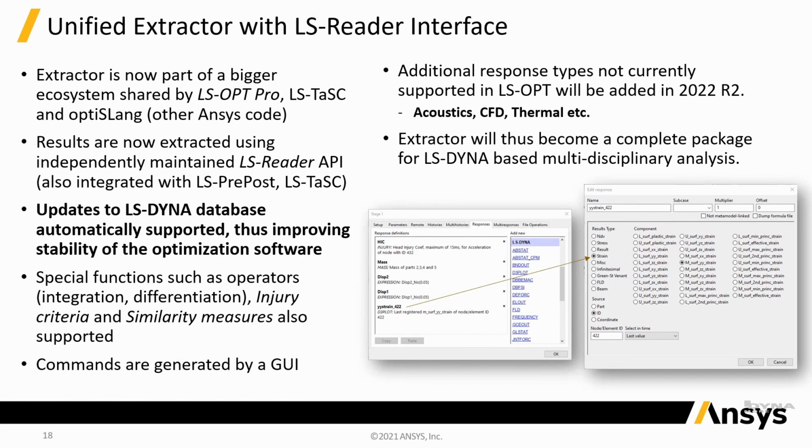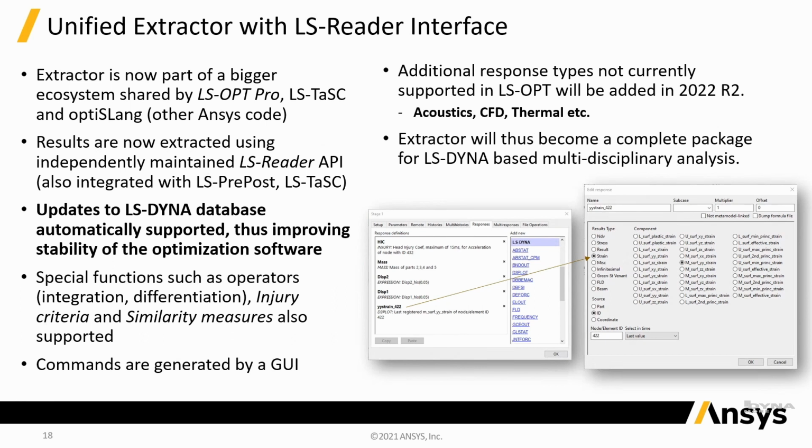Nielen, can you... Yeah, I can respond to that as far as I know. So the idea is to have 3 tiers in optimization. Now, currently, there's somewhat of a mismatch, and I think the idea is to have better integration between the codes. But there's LS-OPT Pro, which is supposed to be an introductory version of optimization, and then there's 2 versions of OptiSlang, and there's an overlap between the 2.